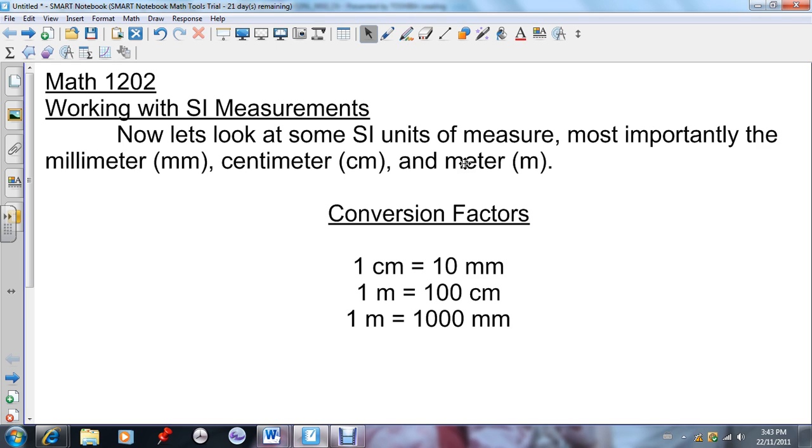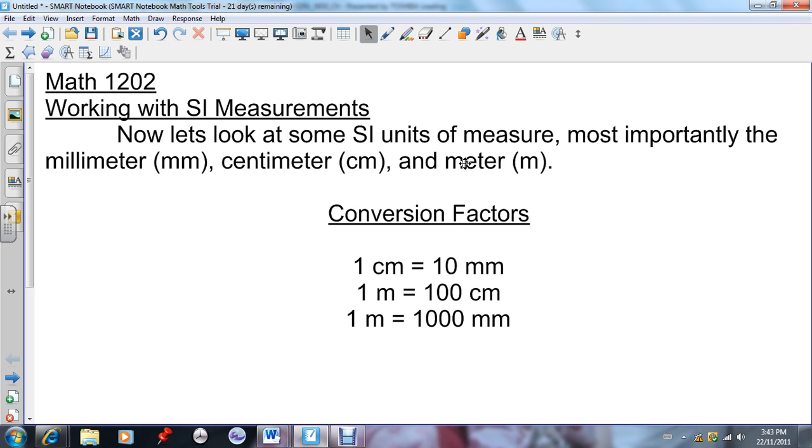Are there many more? Yes, but we're not going to look at those right now. The most important are the millimeter, mm for short, centimeter, cm for short, and meter, m for short. These are the ones we're going to use in the next few sections.